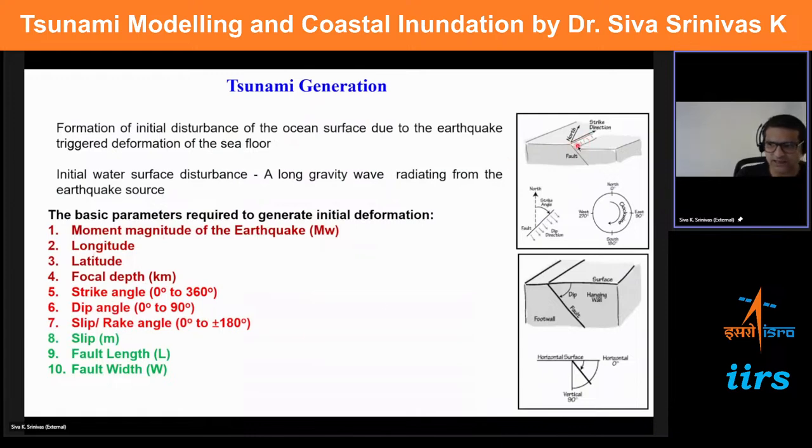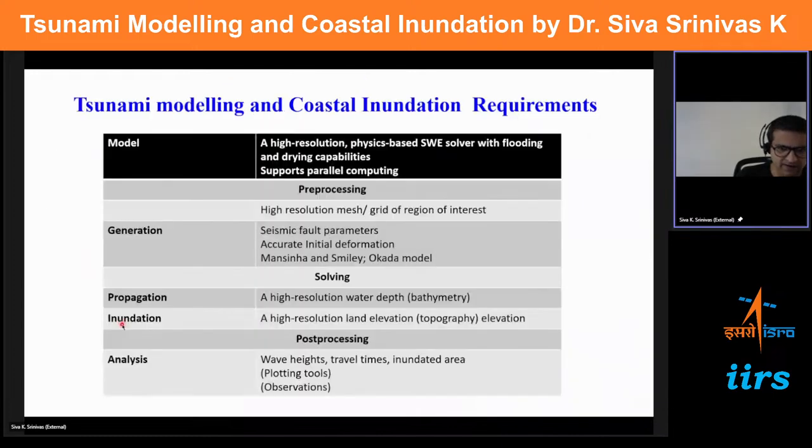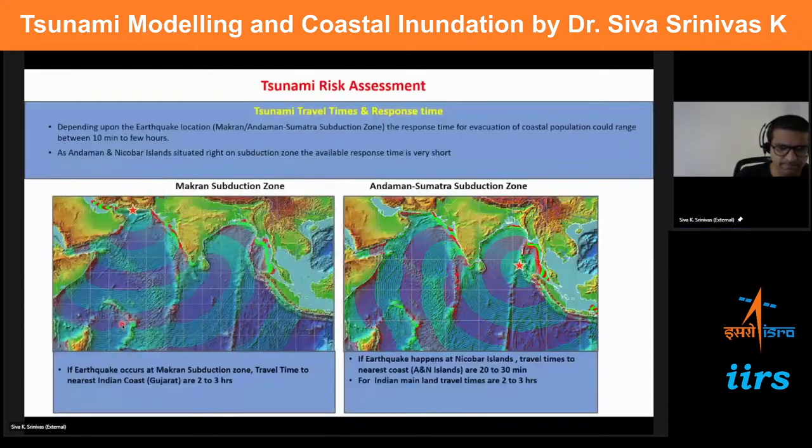And we need the fault length and the width of the fault. So when we know the moment magnitude, there are certain scaling laws, empirical formulas. Using those empirical laws, once MW is known, we can calculate slip, fault length, and fault width. But the strike, dip, and rake are not known immediately. So to carry on the model, we'll be having the historical data.